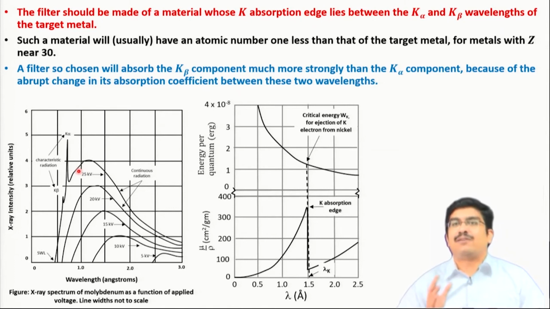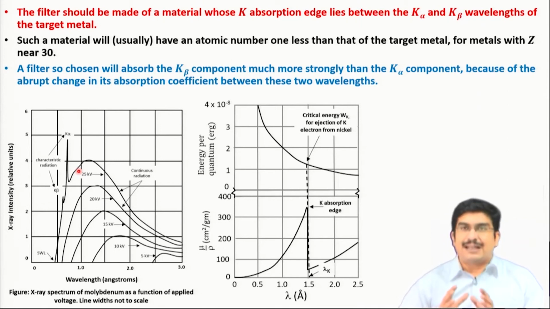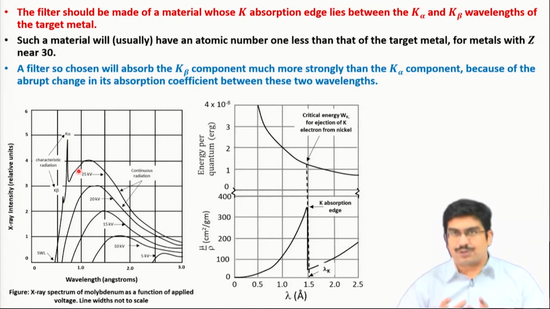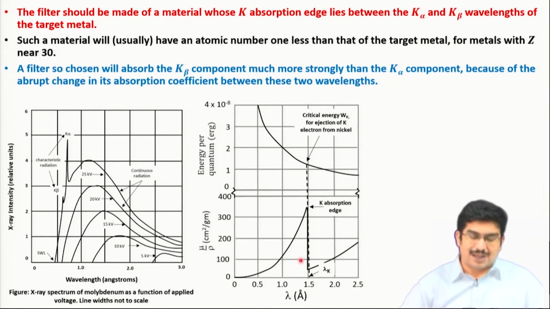We can use a filter to separate out K alpha and K beta, and here we will take advantage of X-ray absorption. We understood that X-ray absorption is very specific, it happens at a specific wavelength, and it is related to the characteristic radiation only. Fluorescence radiation and characteristic radiation are basically the same thing. We discussed that in the last class.